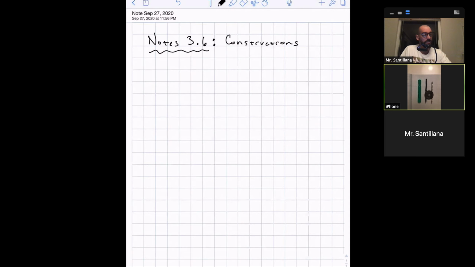The first thing we need to know is that we can go to this website, mathopenref.com, and we can look at the animations. What will we be looking for?